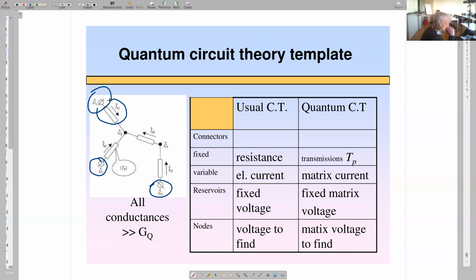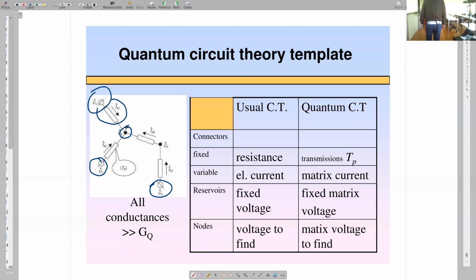Same is in quantum theory, but the variable here is a matrix. It's a matrix current, and it's a function of two matrix voltages at the ends of this connector. And there's also an element which is a node, right?